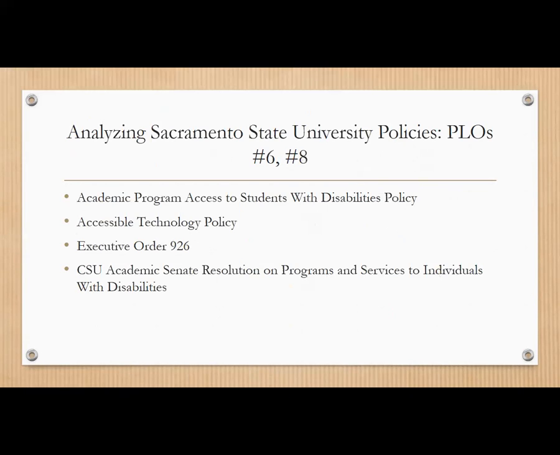The Academic Program Access to Students with Disabilities policy is a university-wide specific policy that declares equal access to students with disabilities through reasonable accommodations and auxiliary aids.